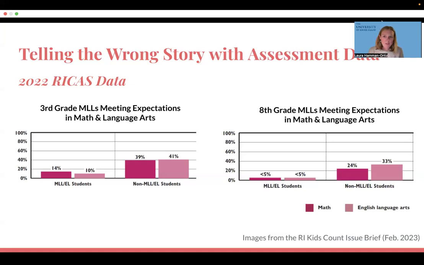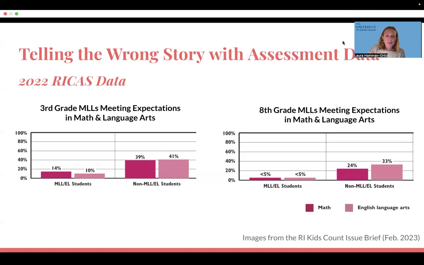And yet the story that we often tell with data like this is a story of failure, a story of gaps, and a story of students not catching up, and of schools underperforming and not serving students. And that is not to say that schools don't have room for improvement, but there will never be a point when this data will show MLLs and non-MLLs at the same level in English language arts by definition, right? So think about that. And I encourage you to continue to be critical consumers of research.